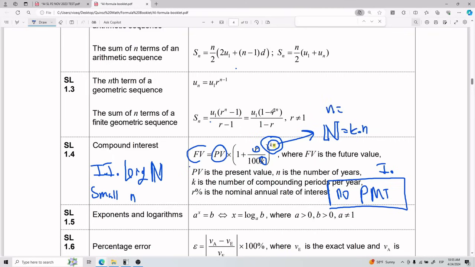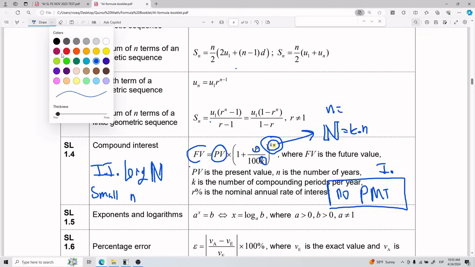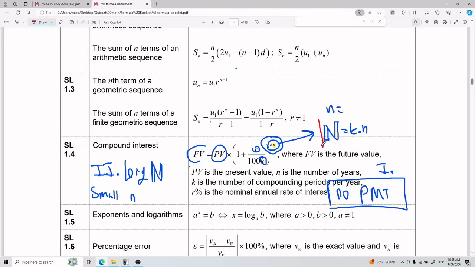Now, I need to make a big disclaimer here because I'm sure some of you already disagree with me. The big disclaimer is that the method I will suggest for you to do takes the perspective that big N is k times n, okay?